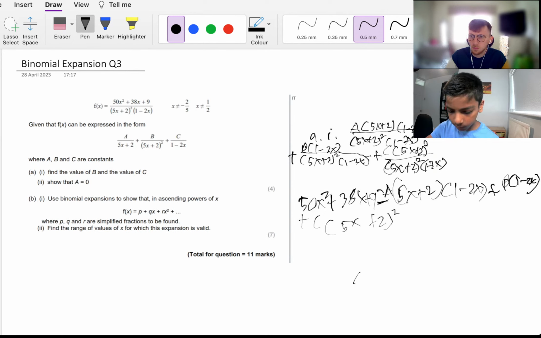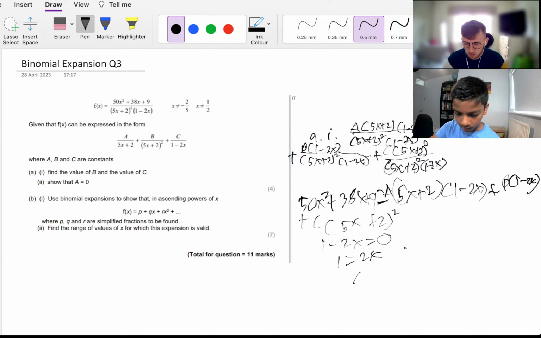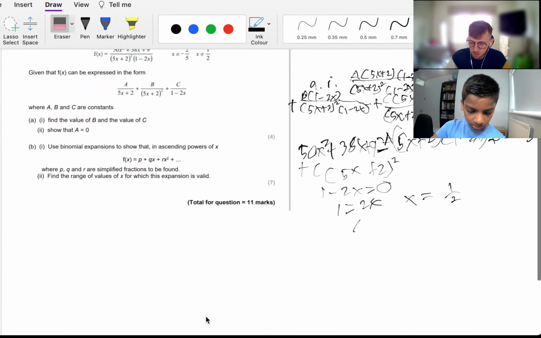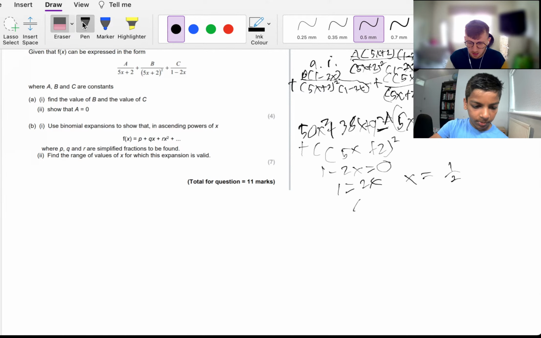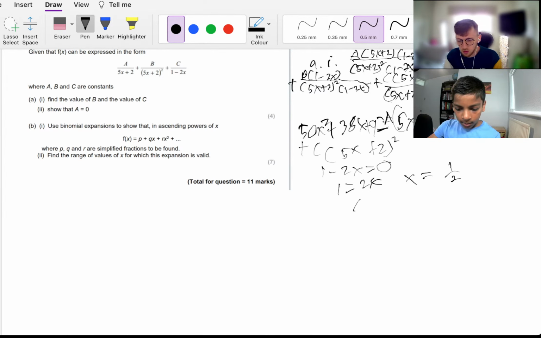First we can do 1 minus 2x, which is in A and B. So let's do 1 minus 2x is 0, 1 is 2x, x is a half. Good. If you substitute x equals a half, all the 1 minus 2x terms go to 0, and we're left with just our c times 5x plus 2 squared on the right hand side.